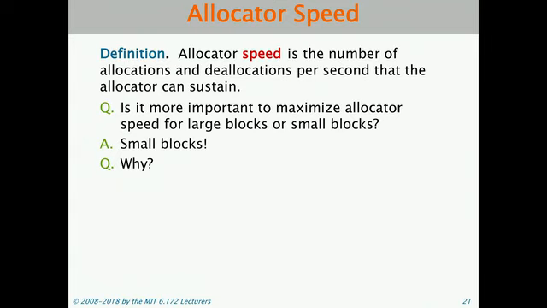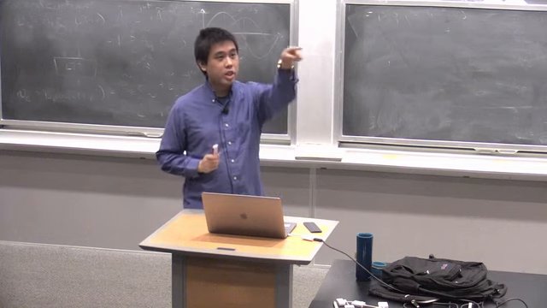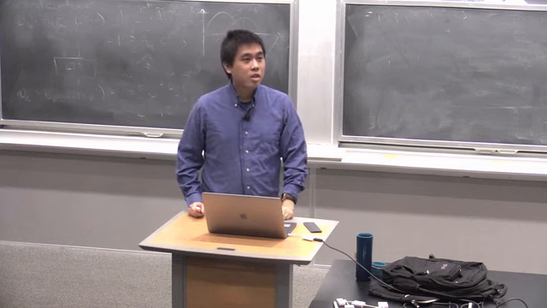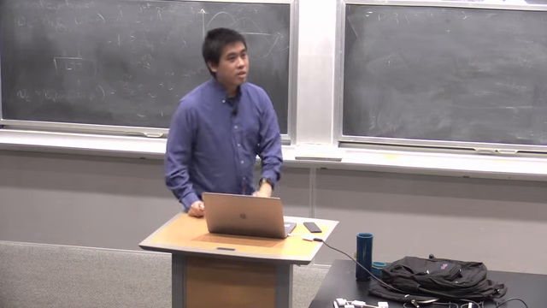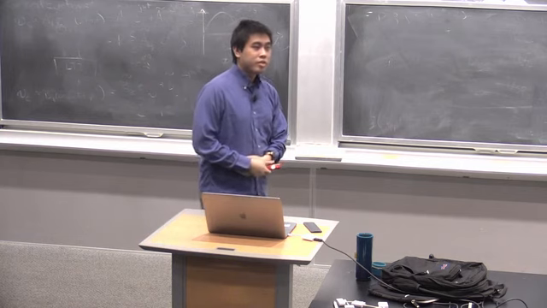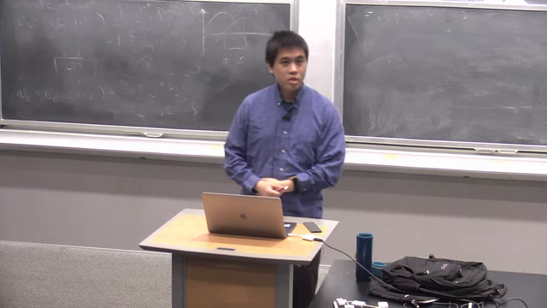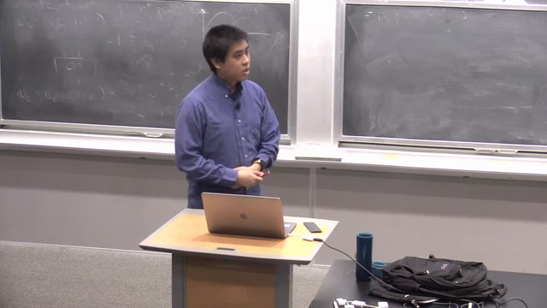Well, small blocks are all going to be within one page, so you don't want to be wasteful by not being able to reuse the pages. Yeah, so that's another reason. For small blocks, it's more likely to lead to fragmentation if you don't optimize for them. What's another reason? It's probably going to take longer to allocate large blocks anyway, so the overhead is going to be more noticeable if you have a big overhead when you allocate small blocks versus large blocks.